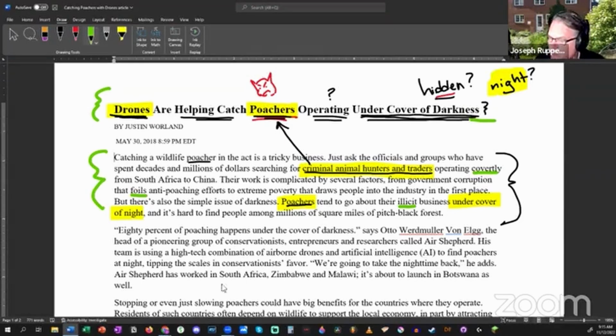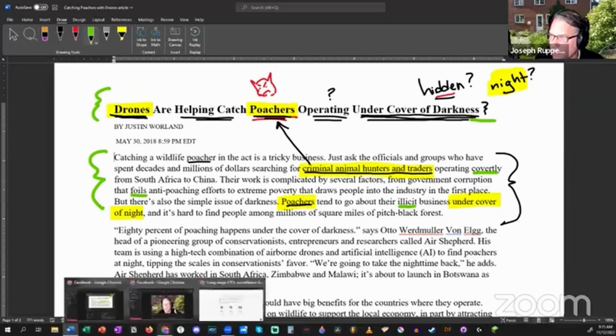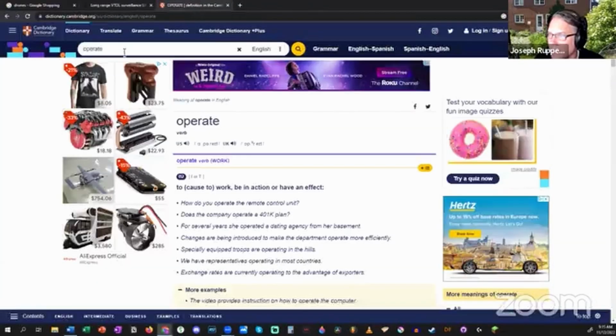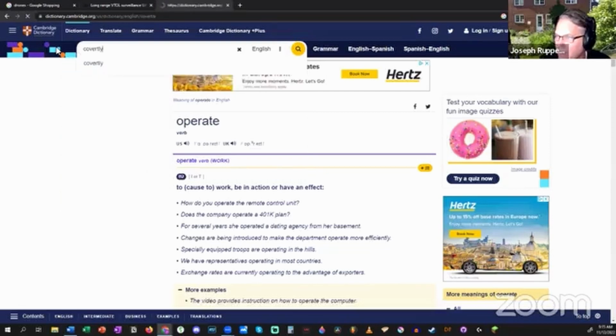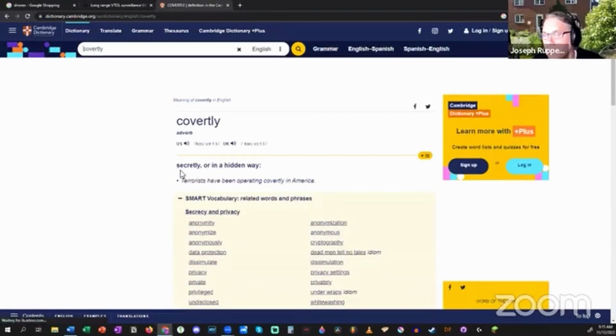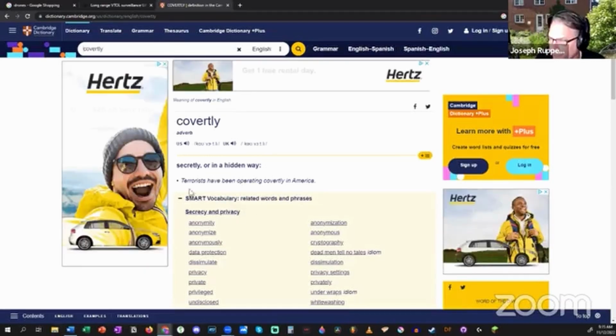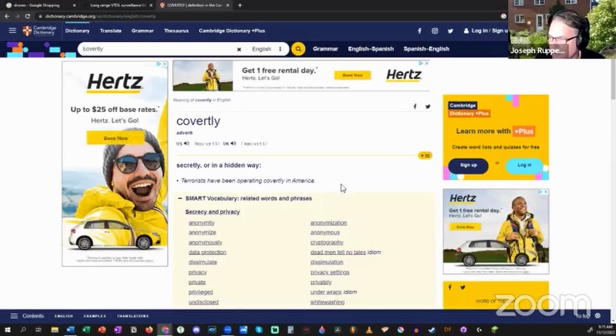So let's start with covertly. What is the meaning of covertly? We'll try covertly first. And oh, here we go. Yeah. So secretly or in a hidden way. Terrorists have been operating covertly in America.